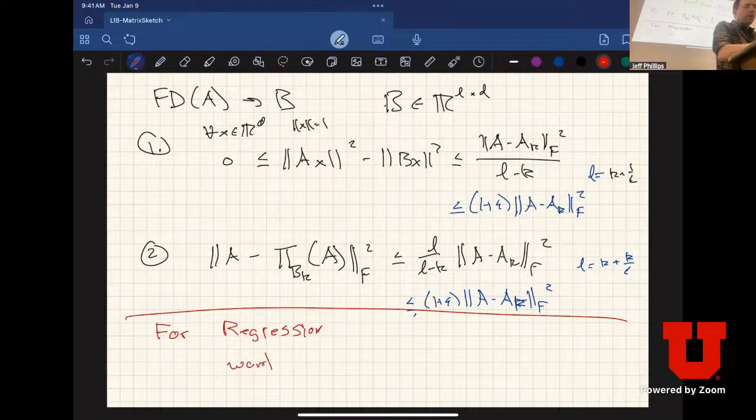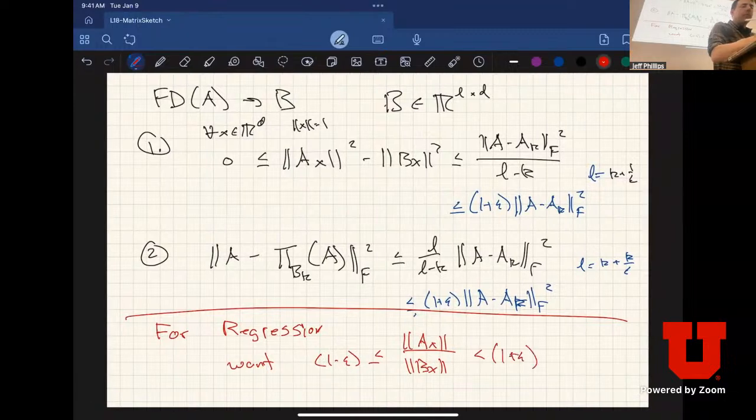You want 1 minus epsilon to be less than or equal to AX, and so on, up to 1 plus epsilon.